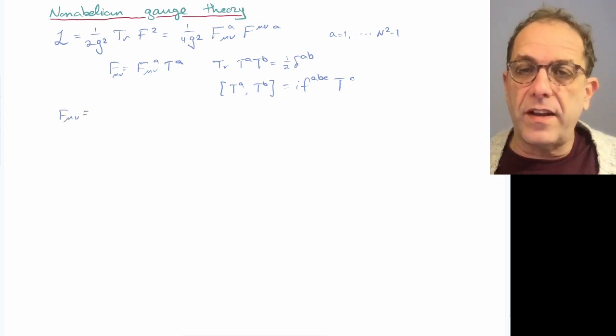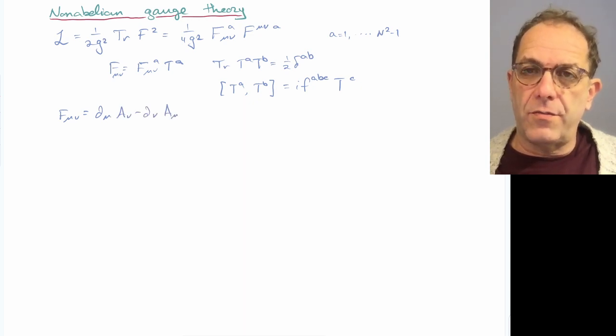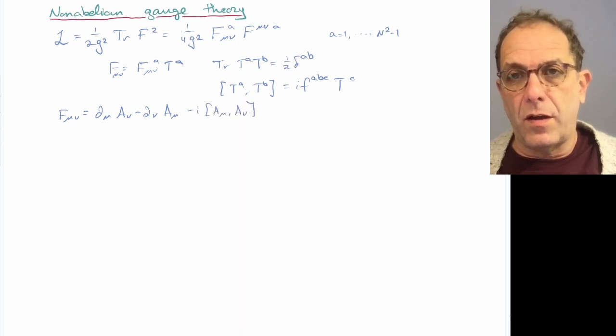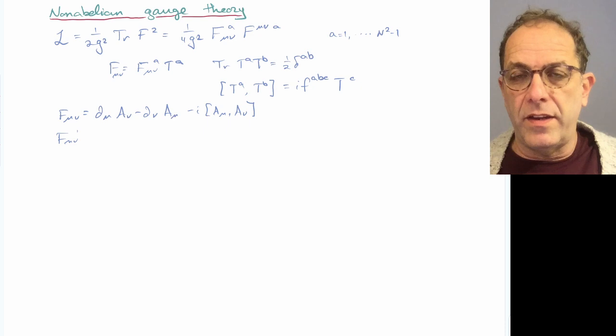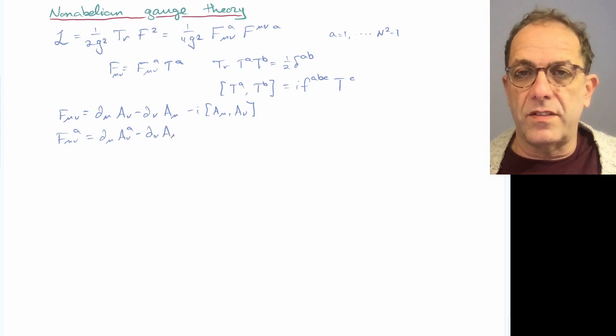The field strength is given as the derivative of a potential, where we can write it in this form with the commutator of A mu, A nu, or if we write F mu nu a, we can use the structure constants f a b c, A mu b, A nu c.